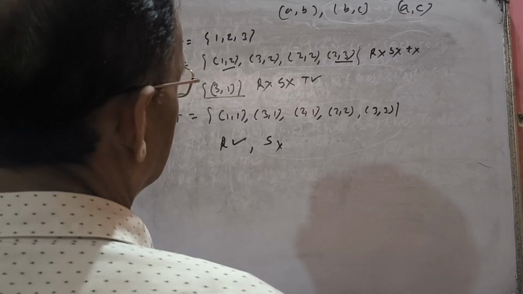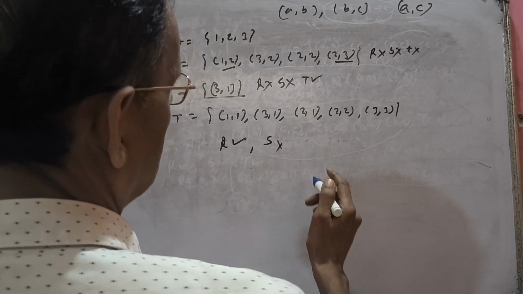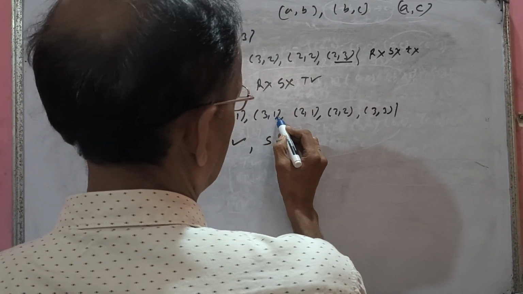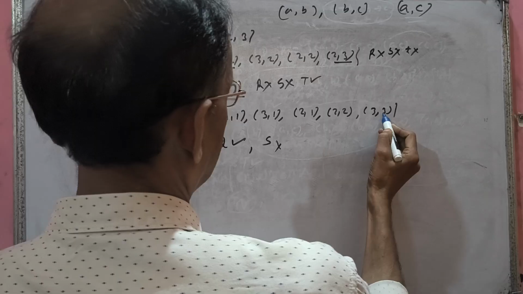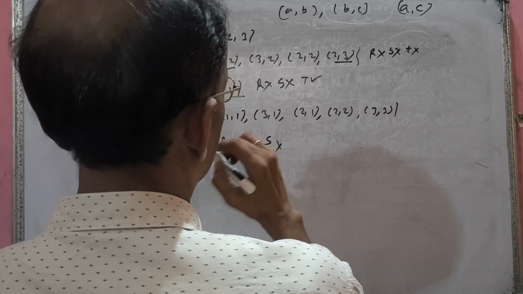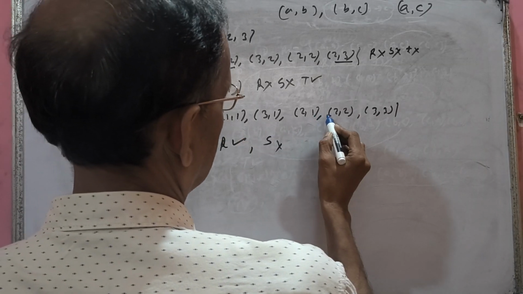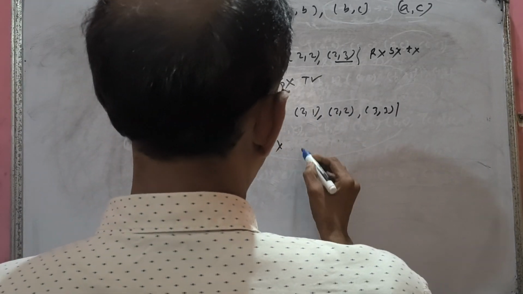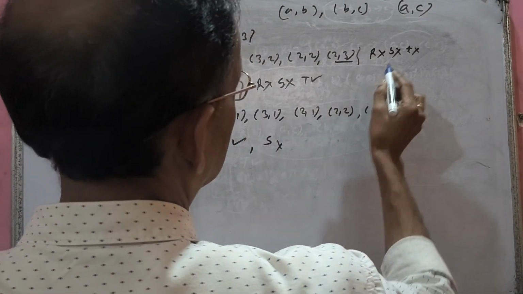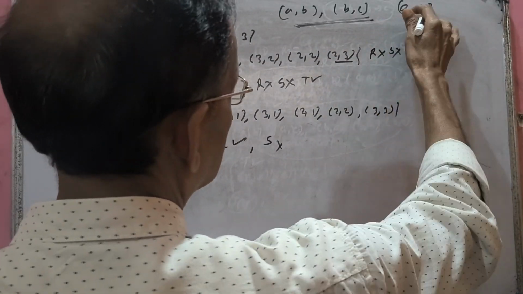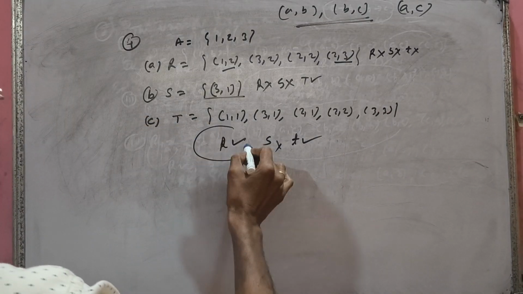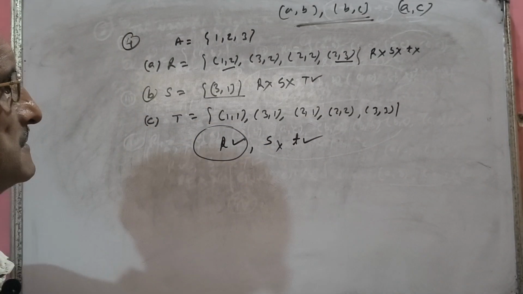Is it transitive? 3, 1 is there, 3, 3 is there, 2, 1 is there. The condition is not given of this type, so it will automatically be transitive. The question asks only reflexive, so the answer will obviously be number C, but I will give you all.